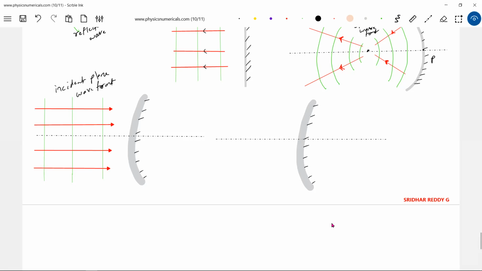We know if a ray is incident parallel to the principal axis, after reflection it should diverge from the focus.